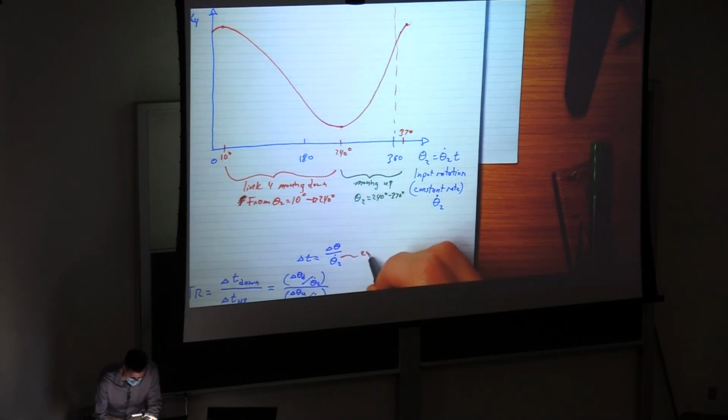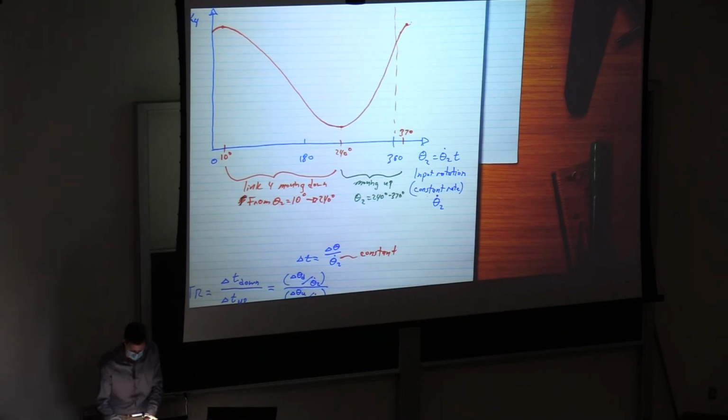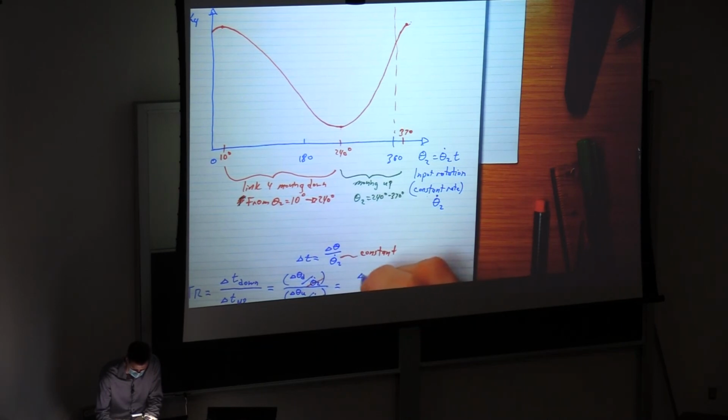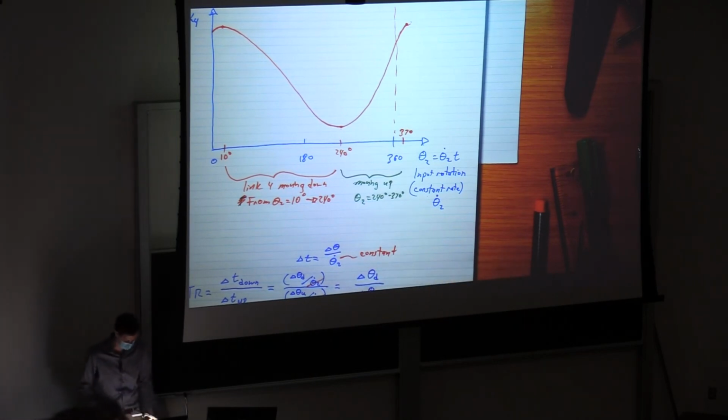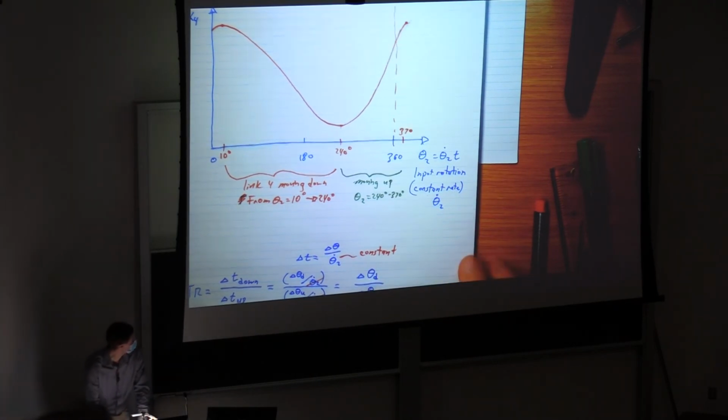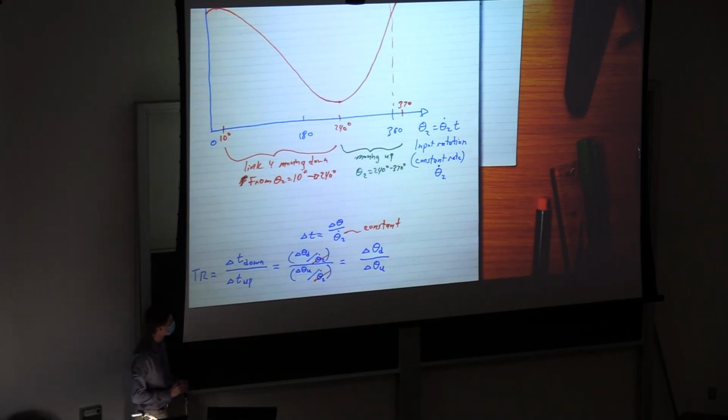But theta 2 dot is a constant. That's our constant input. So those cancel out from our equation, which is great. We get this nice simplification. By tracking the amount of angle that's changed up and down, it's equivalent to tracking the amount of time that's elapsed.